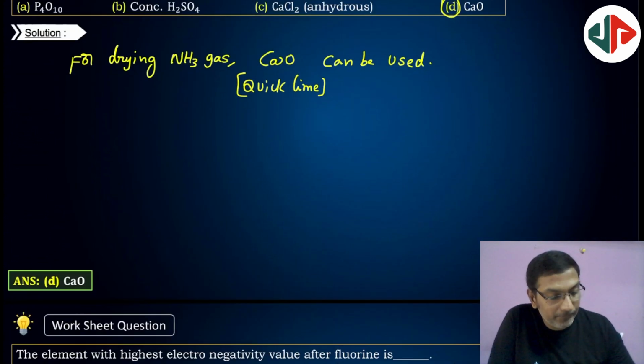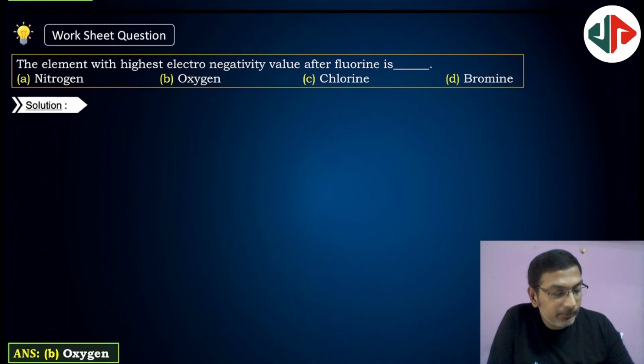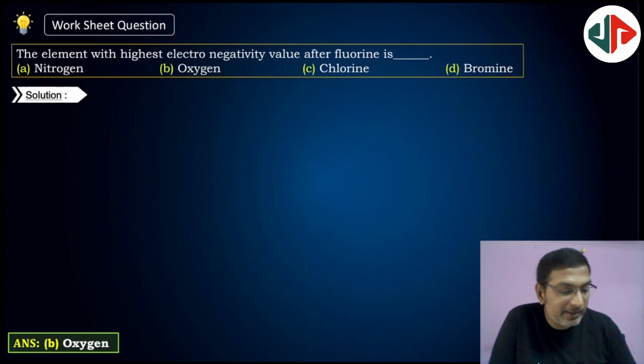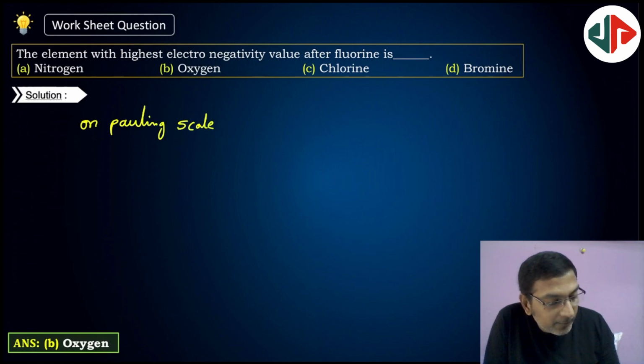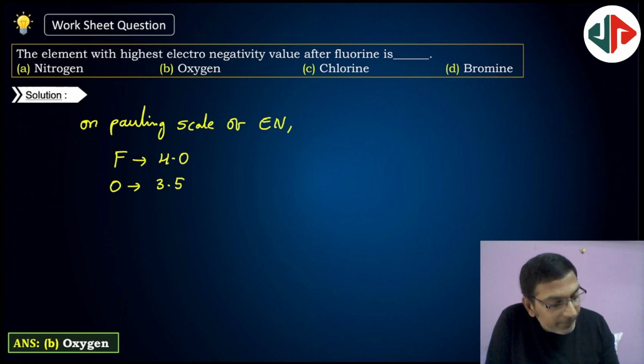Next. The element with highest electronegativity value after fluorine is. So, on Pauling scale of electronegativity, highest electronegativity possessed by fluorine. After that, 3.5 oxygen.